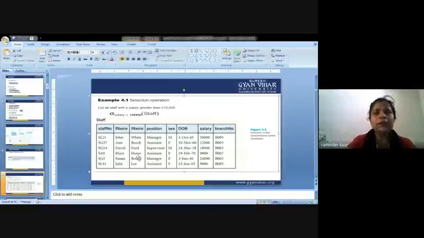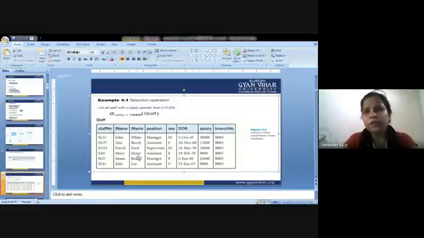Now have a look at the selection operation query. The instance is an example from the dream home rental database.